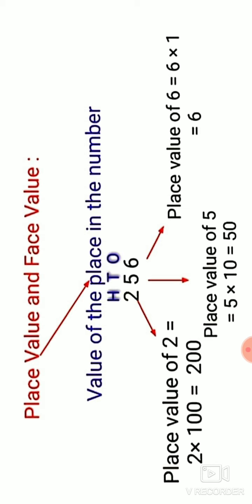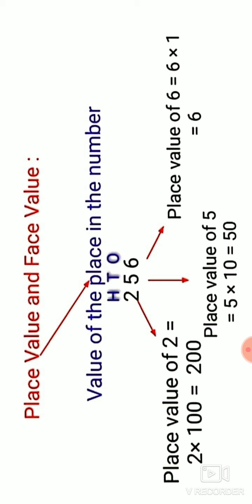256. You have to find out place value of the given number. First you have to take 6 is in the ones place, 5 is in the tens place, 2 is in the hundred place. Therefore, the place value of 6 is in the ones place.